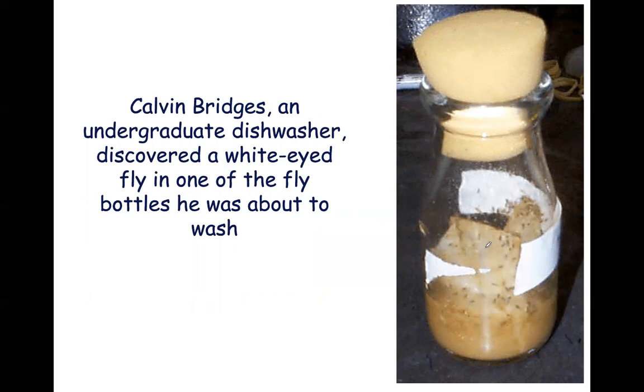So Calvin Bridges was working in the lab, and at the time he was a dishwasher among other things. And as he was washing the bottles, he discovered a white-eyed fly. And they used that mutant to do some crossing, right? You crossed it with other flies to look at the way the trait was inherited.